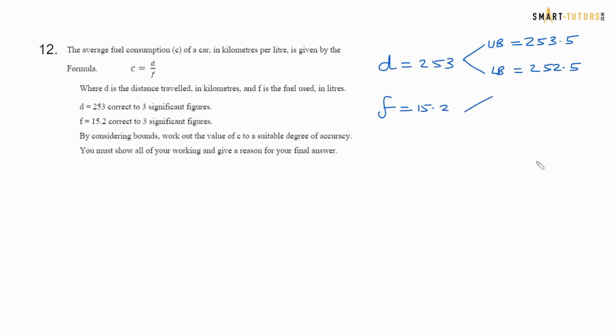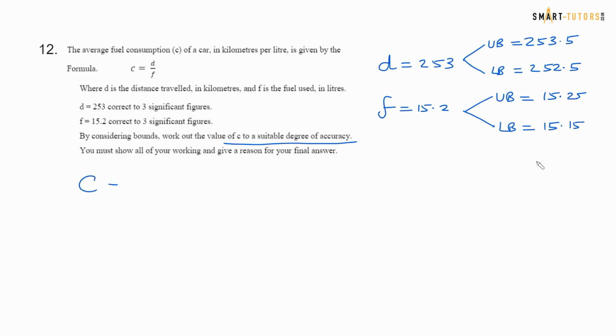So 15.2 is 3 significant figures, so the upper bound is going to be 15.25 and the lower bound is going to be 15.15. By considering the bounds, work out the value of C to a suitable degree of accuracy. Same question like before.